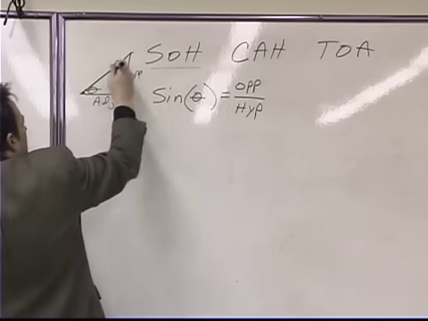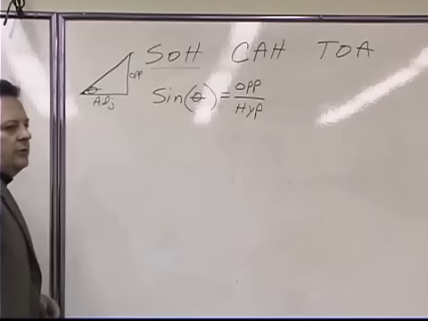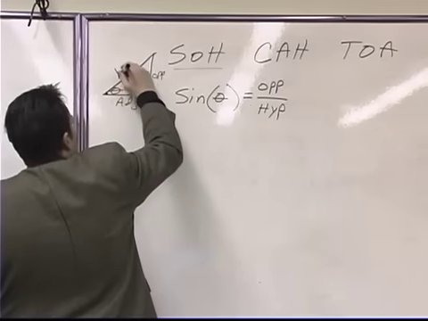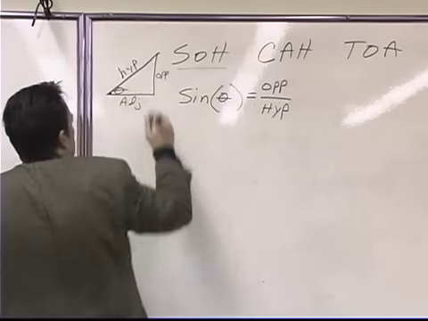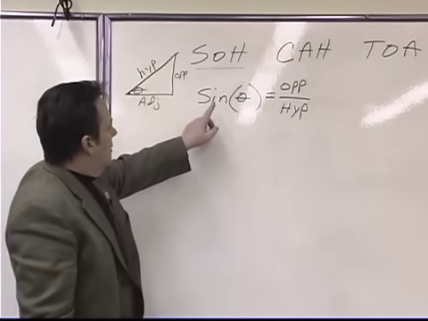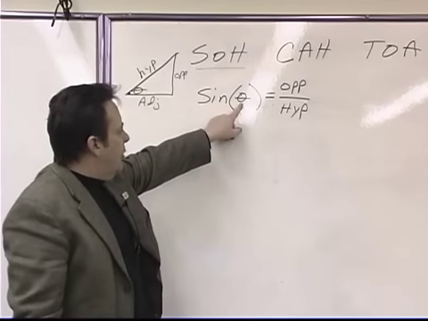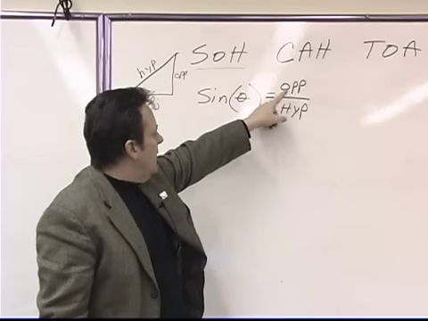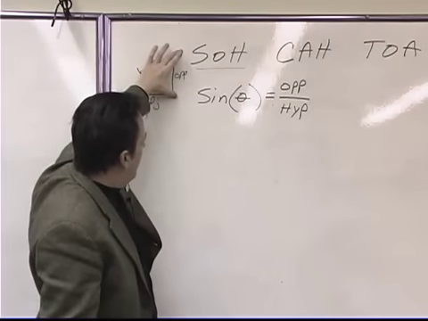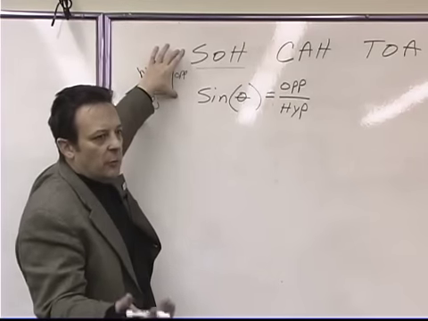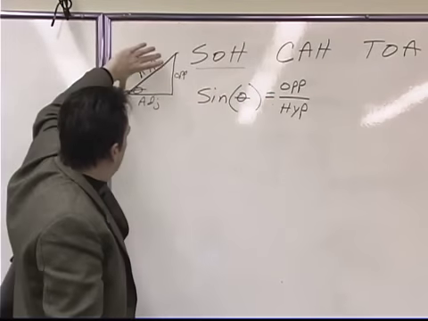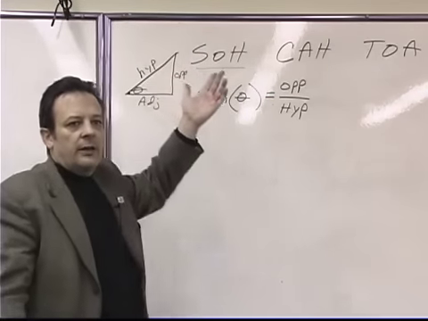The longest part of the triangle is always called what? The hypotenuse. Okay? So the sine of the angle theta is equal to the ratio of the length of the opposite side, 3 inches, 4 inches, whatever it is, divided by the length of the hypotenuse, 7 inches, 9 inches, whatever it is.